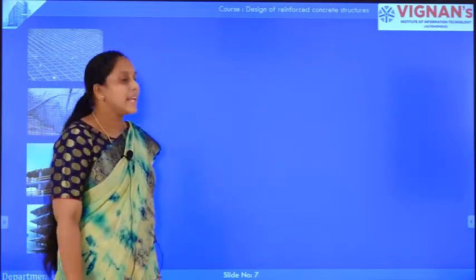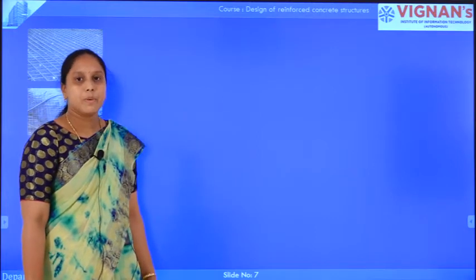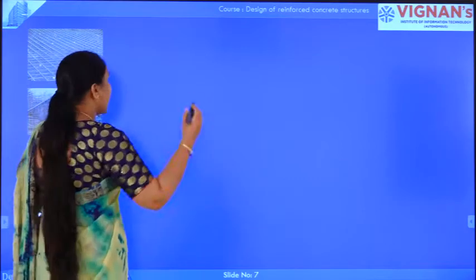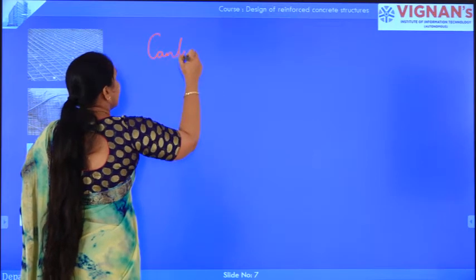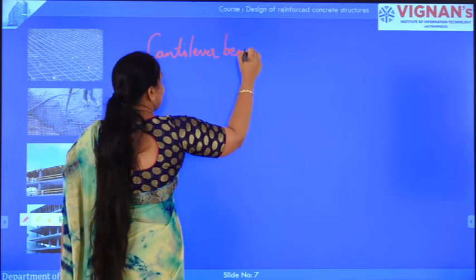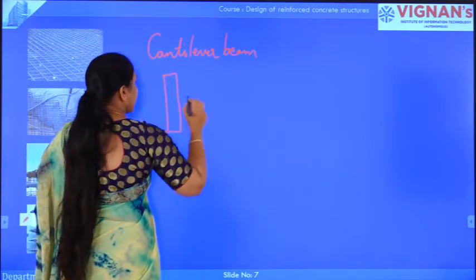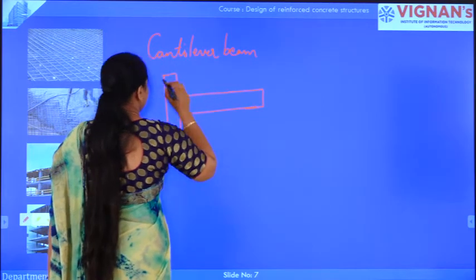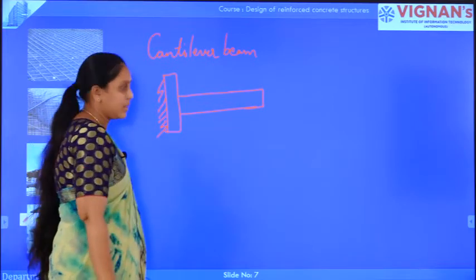Now let me take another example of a cantilever beam and explain the singly reinforced beam. Here I am considering a cantilever beam. So, what is a cantilever beam? A cantilever beam is a beam which is fixed at one end and free at the other end.